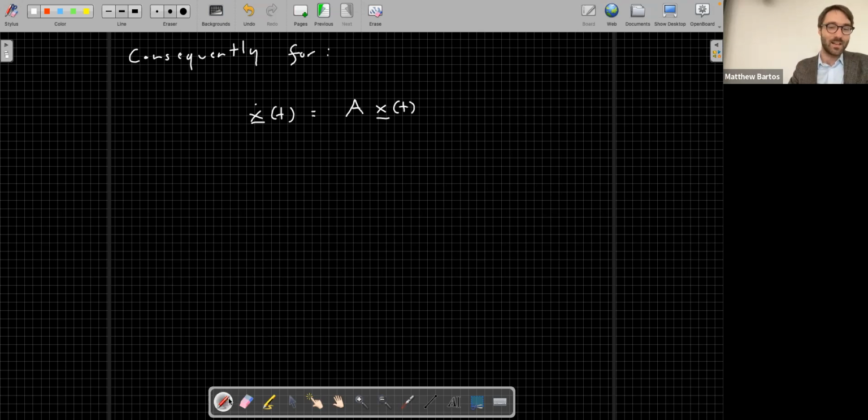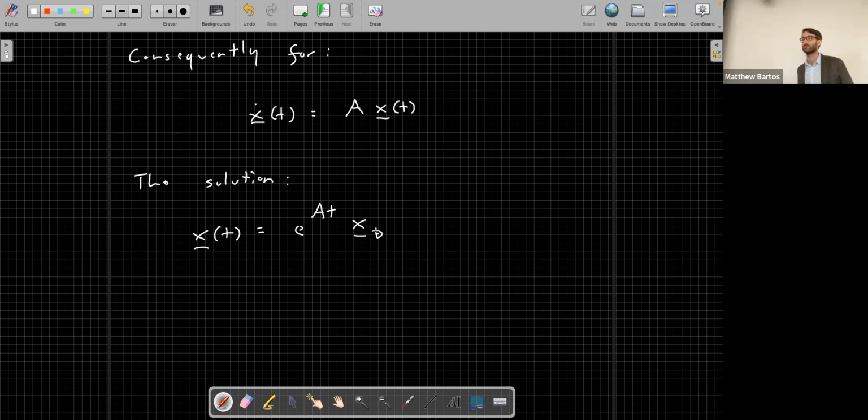Right. So it's the exact same as for the scalar case. We have that the solution is x of t is equal to e to the at times x naught.